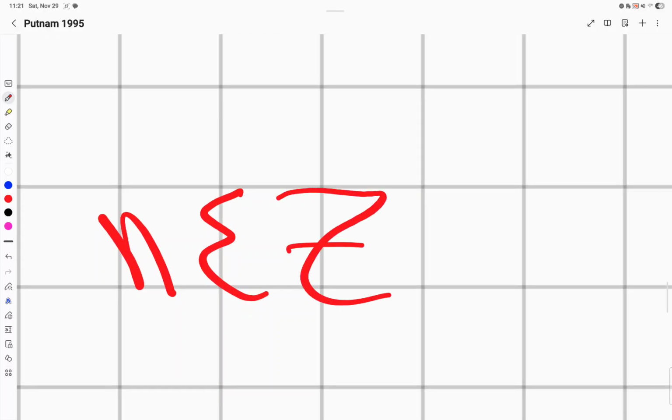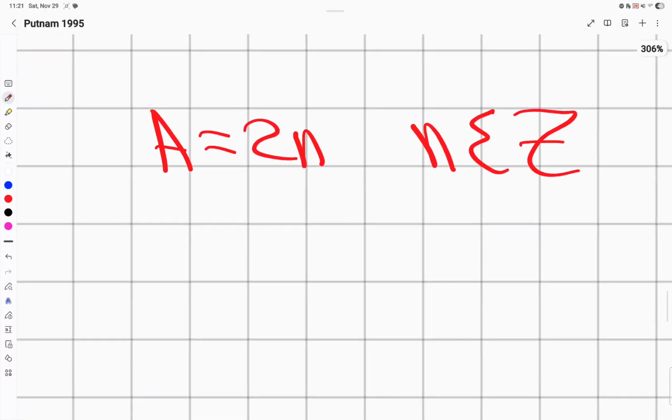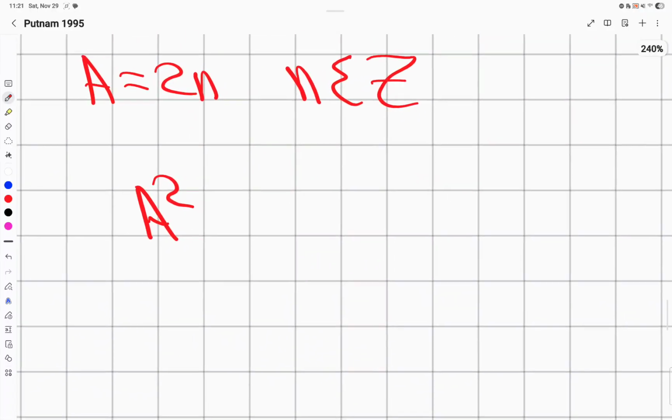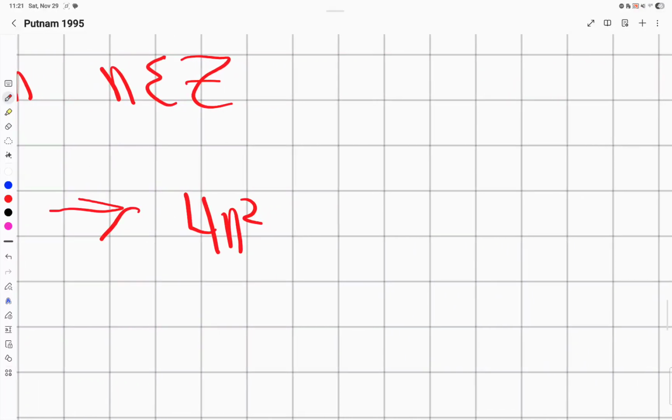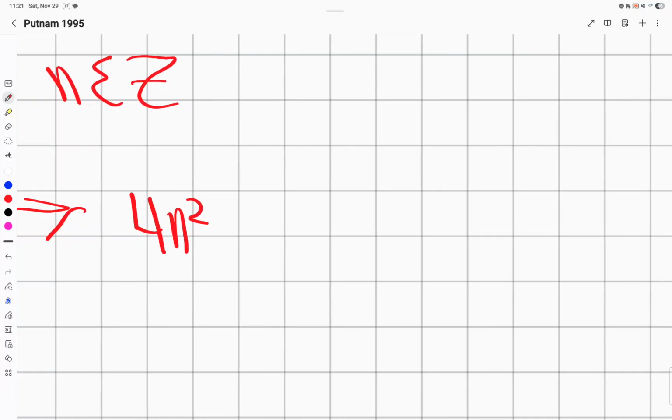Integers are typically denoted by Z. So let's say we square a. Well, if we square a, we can say that a squared is 4n squared. If this is true, then maybe we can rewrite it as 2 times 2n squared. Okay.